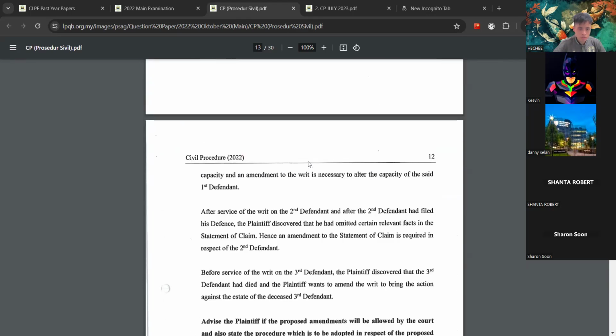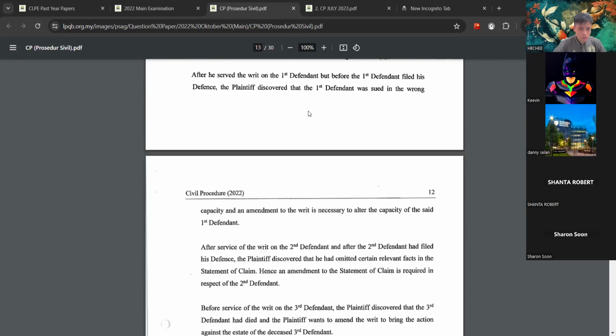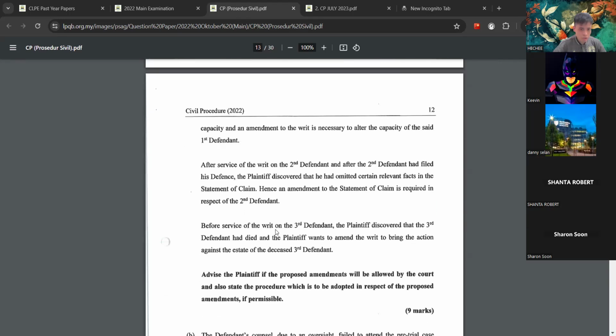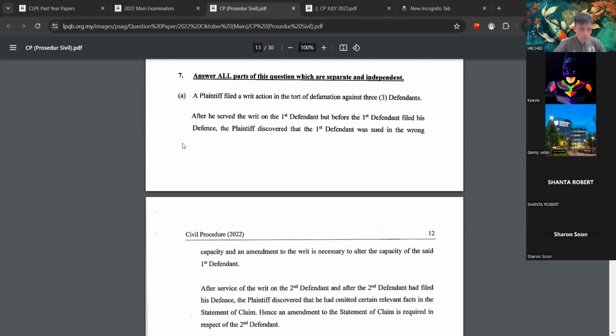Okay, Sandeep, for your 7A, I believe the second and third you have already covered, but I guess you just missed out the first defendant. For the first defendant, I already covered in the previous session that Order 20 Rule 5 sub 4 is only applicable where the party is amending the capacity for his own side.